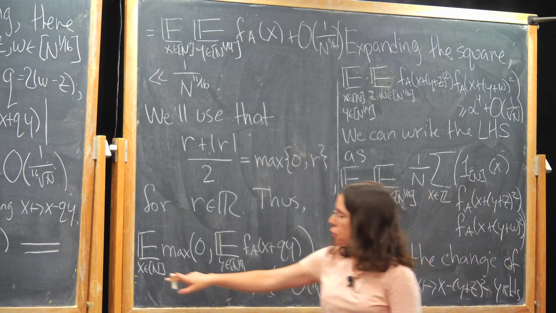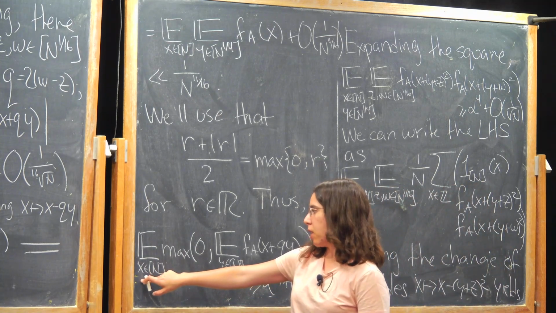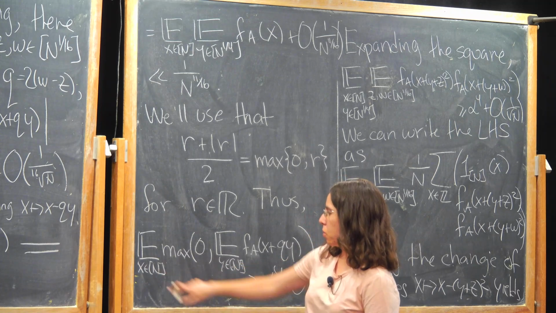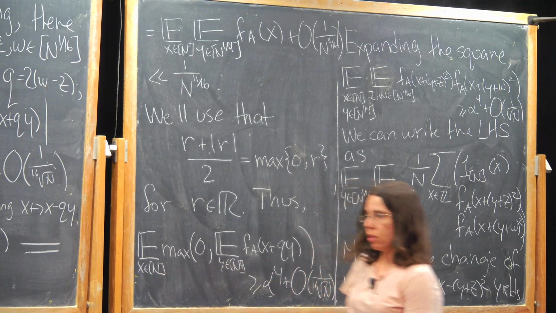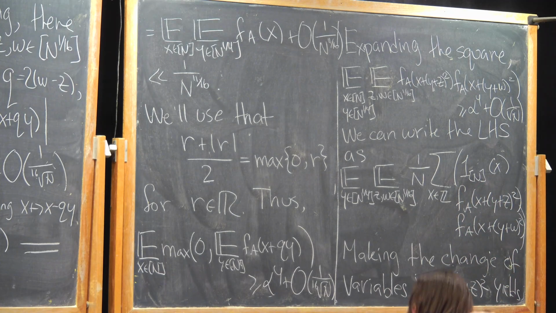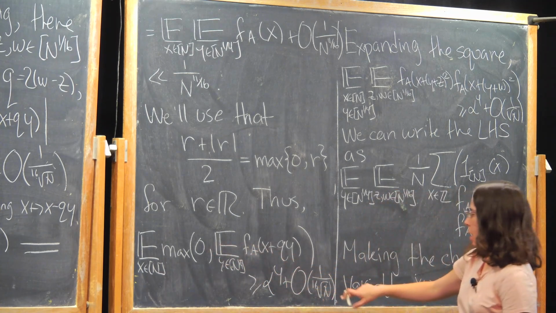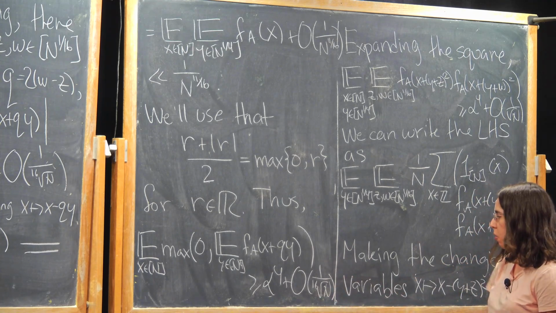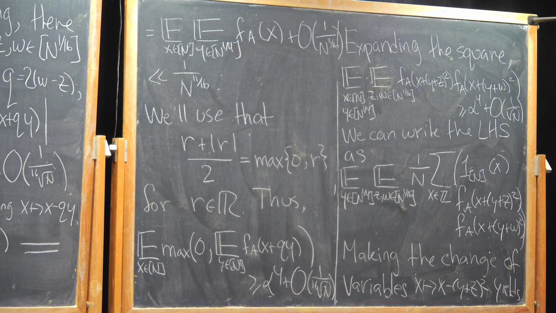But that's only an issue when x is less than or equal to 2 square root of n, or greater than or equal to n minus 2 square root of n. The contribution to this average coming from those x is even smaller than this error term. It's on the order of 1 over square root of n.